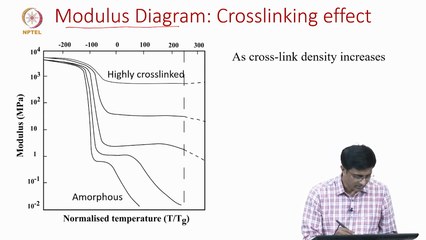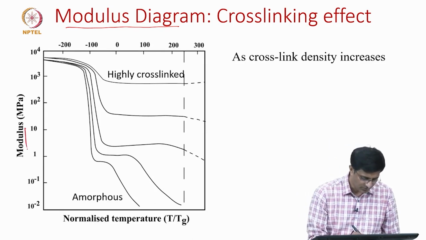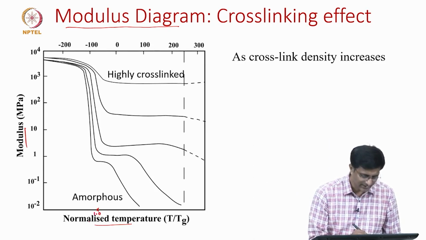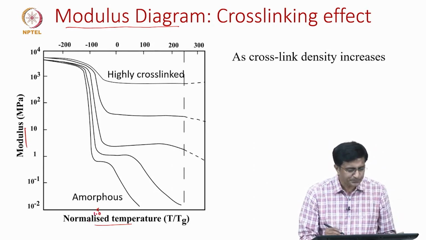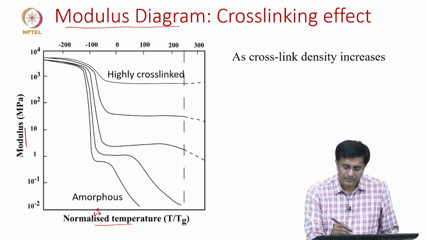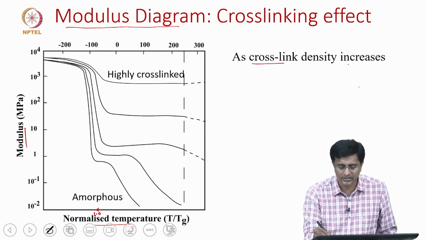So, here is the modulus variation with normalized temperature. Here is this value of 1.0, or the glass transition temperature. Okay. So, here we are looking at what happens when cross-link density increases.